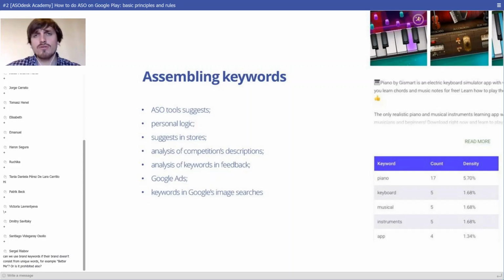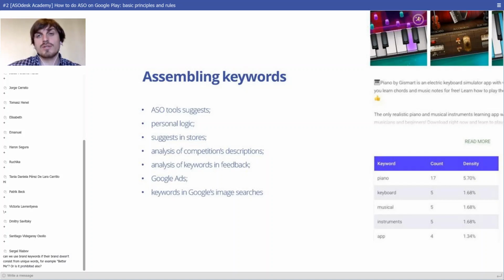They are offering us a lot of keywords which are relevant for this app. We're using our personal logic, as you remember from the previous lecture. So we're thinking which keywords might be relevant for this kind of app, and we are typing them, looking into the suggest for these keywords.